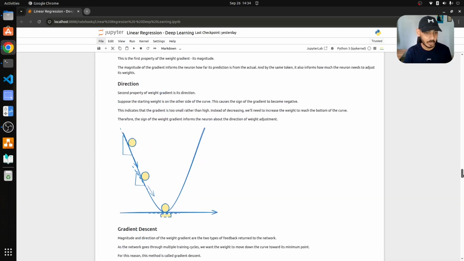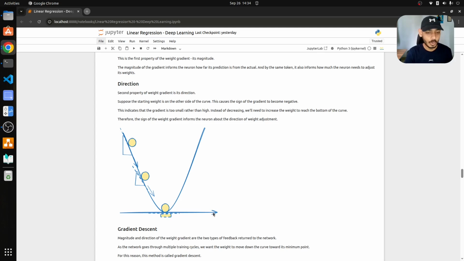Suppose the starting weight is on the other side of the curve, which is on this side, the negative side of the axis. This causes the sign of the gradient to be negative, as I said. So this indicates the weight is too small rather than high, and instead of decreasing, we have to increase the weight.